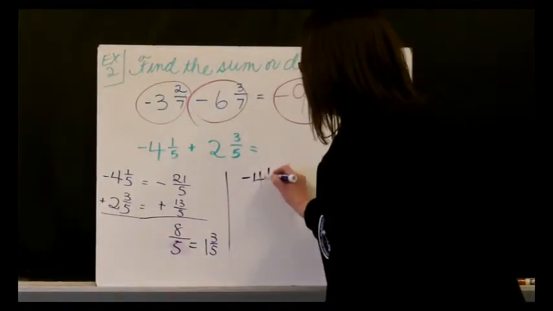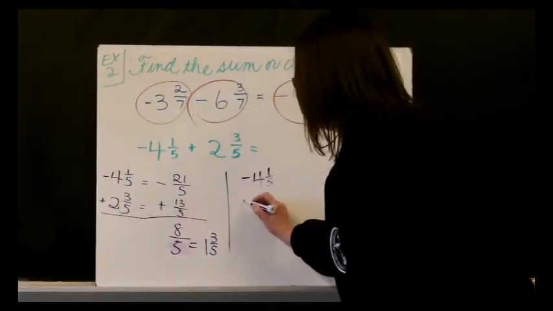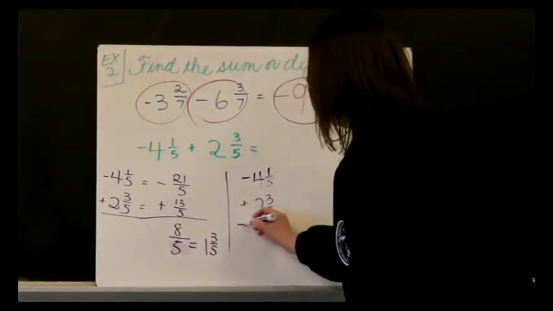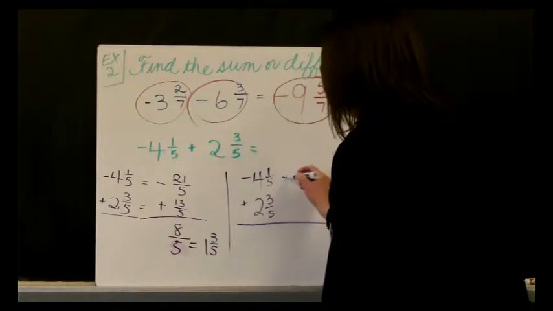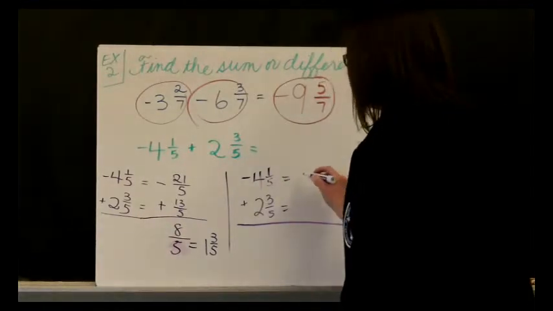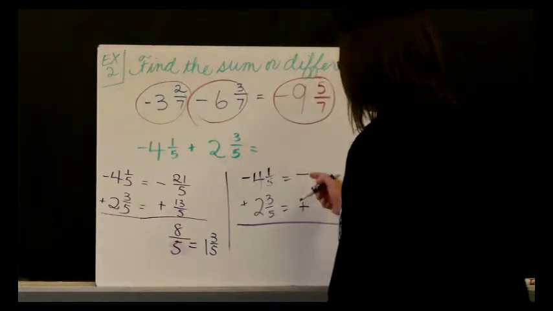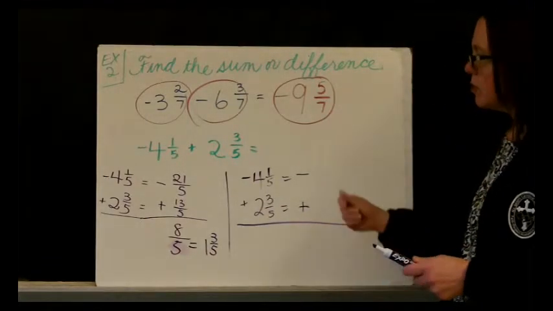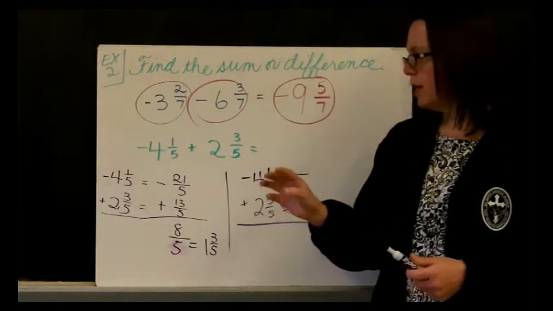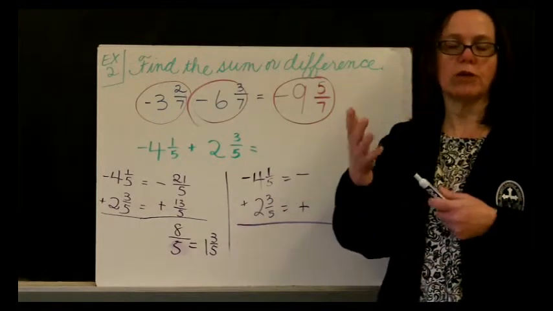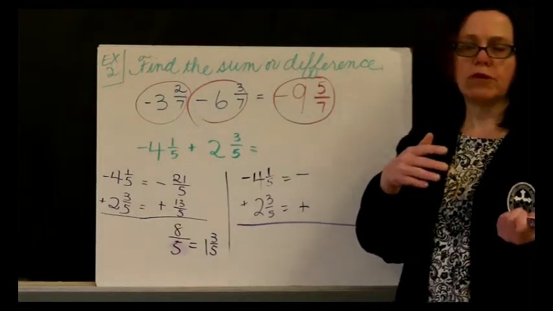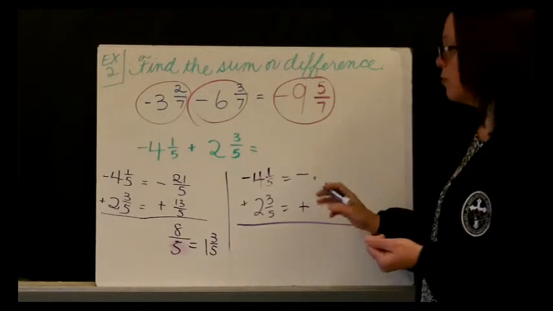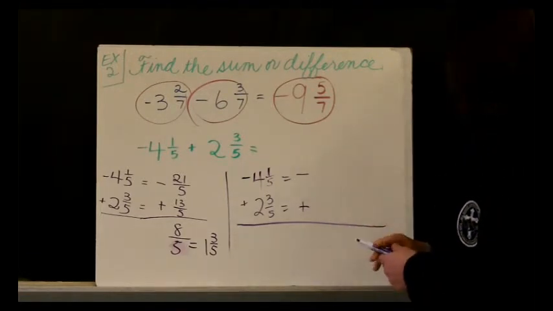Let's write our original problem. If these were numbers, always remind yourself of the signs. If these were numbers that were not fractions and you had a case in which one number in a place was less than the one below it, you would regroup, and you can regroup with mixed numbers too.